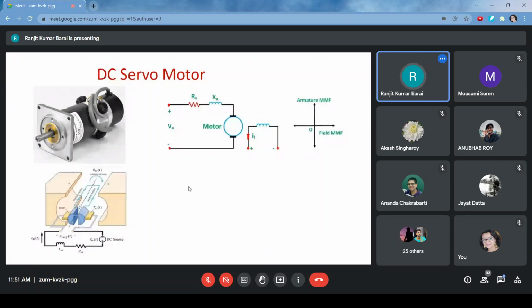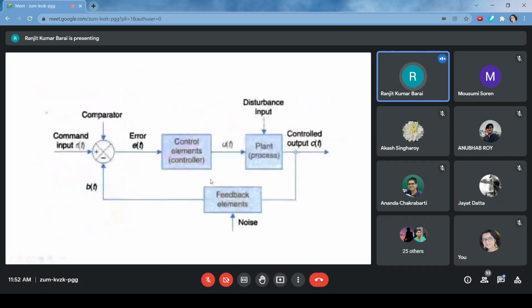Now, from the electrical characteristics point of view, we want the DC servo motor to have linear speed-torque characteristics, so that our closed loop operation is not disturbed by any type of non-linearity.